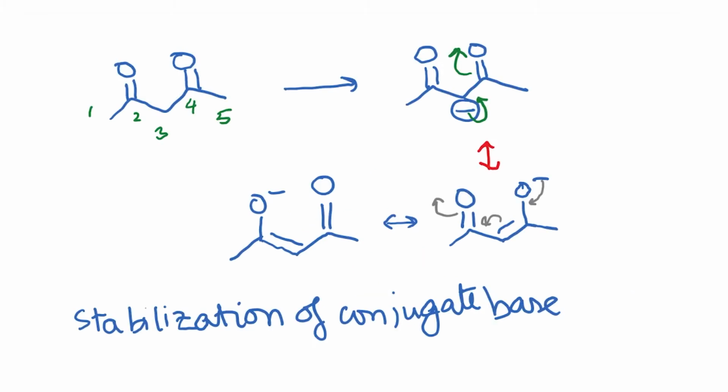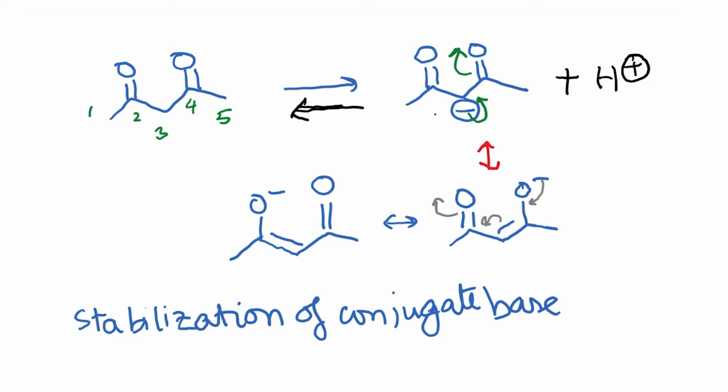So the question is, draw out the equilibrium and reason this out. The way we would draw out this equilibrium is in the following manner. This is the equilibrium arrow, and there would be H plus being produced. So you have 2,4-pentanedione, and as you can guess, this is the most acidic proton, so that's going to get deprotonated and form H plus.